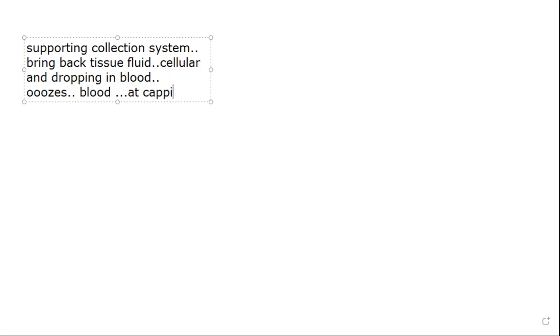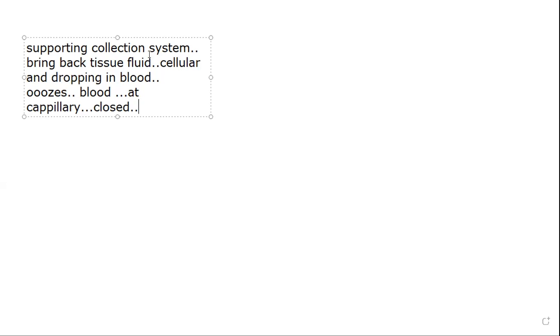At the capillary level, the exchange of materials takes place, because we all know that our blood system is a closed system. The blood is not coming in direct contact with the tissues.